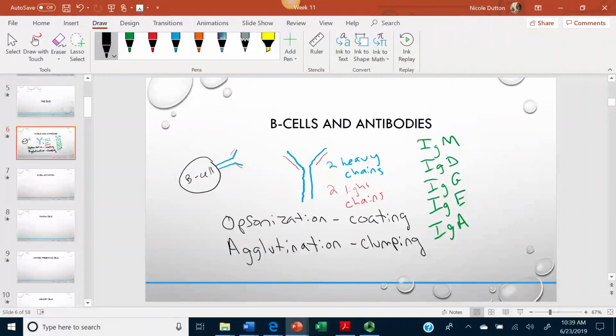But if we clump them together using antibodies, you can eat like 100 bacterial cells at once. So it increases the efficiency of eating. Coating also allows you to recognize that it's a pathogen faster. Your phagocytic cells get really excited when they see antibodies sticking to something, so they'll eat it faster and they'll eat more of them at once.